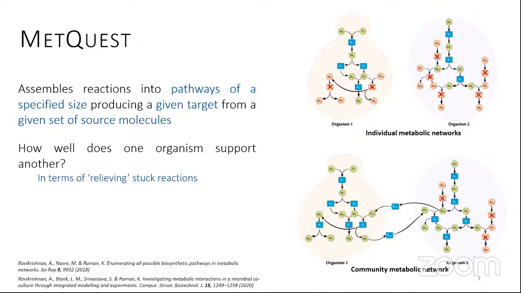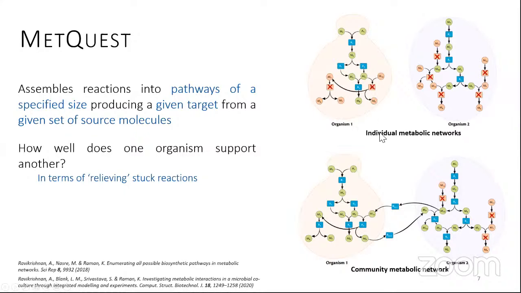The orange metabolite nodes here are the ones that are not present in organism 1, and similarly over here for those not in organism 2. Because of that, these reactions are crossed out in the sense that they are stuck because they are unable to proceed.